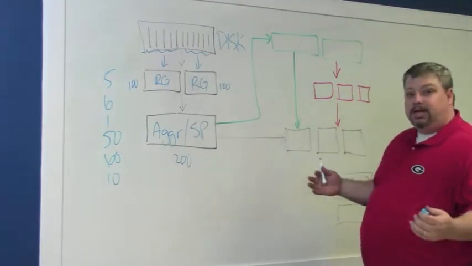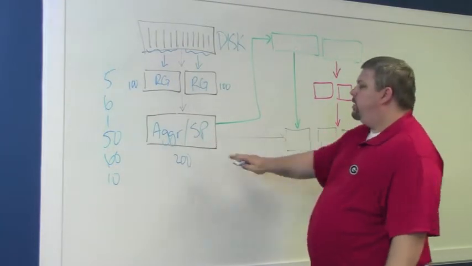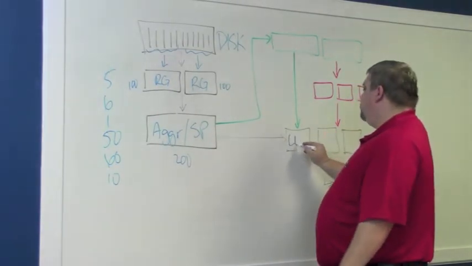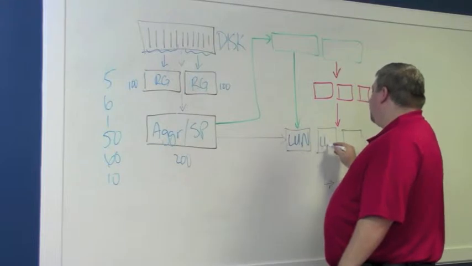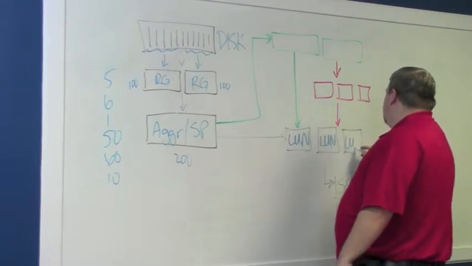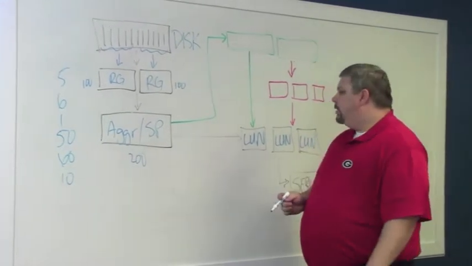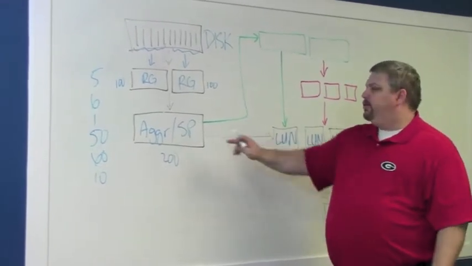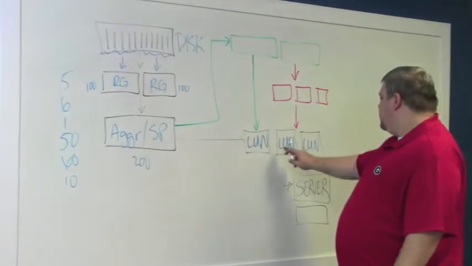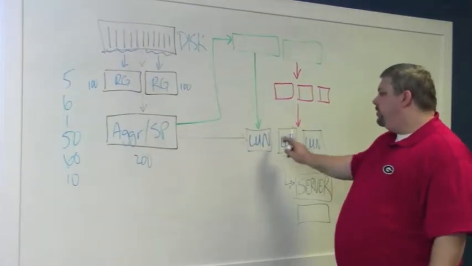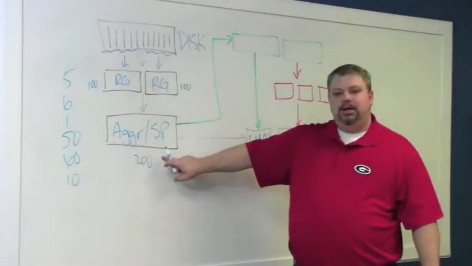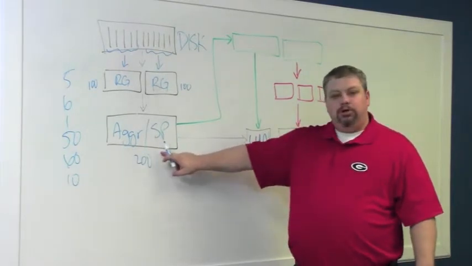If we're EMC, we go straight from a storage pool to our LUN, and we start making LUNs. LUNs are the logical partitions of this space that my servers actually see. Servers typically don't see the storage pool directly.